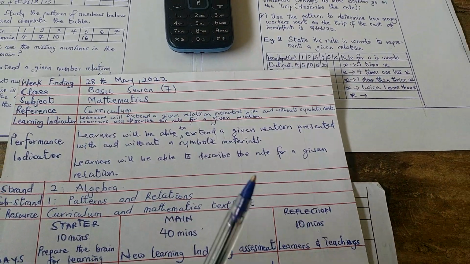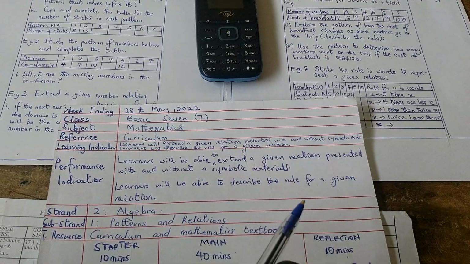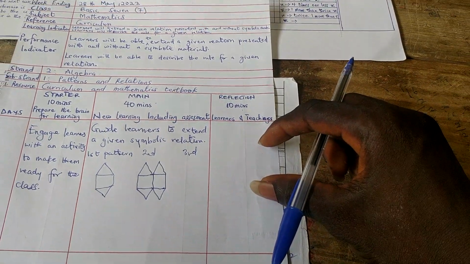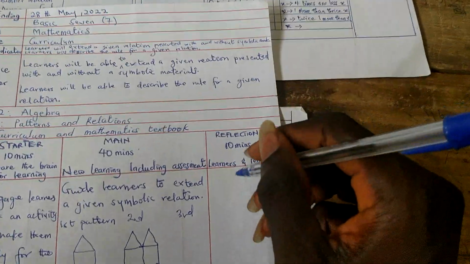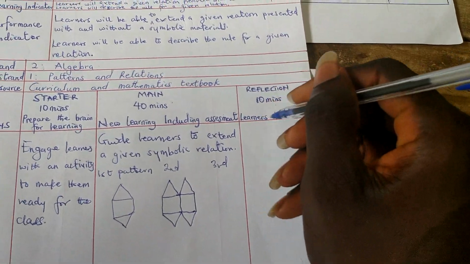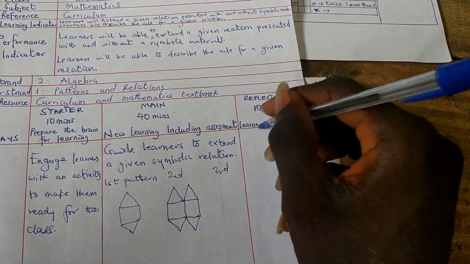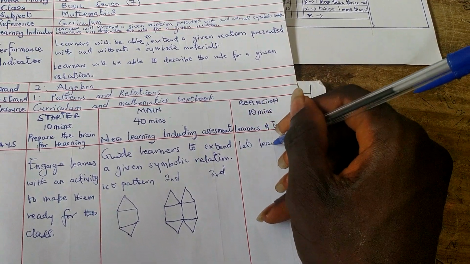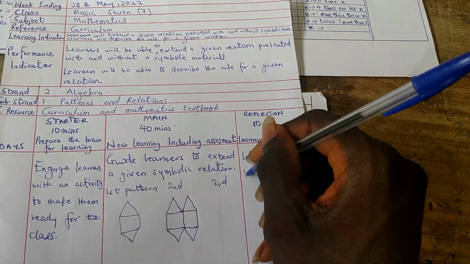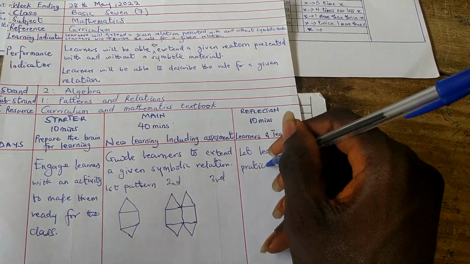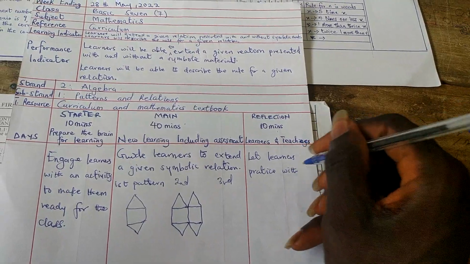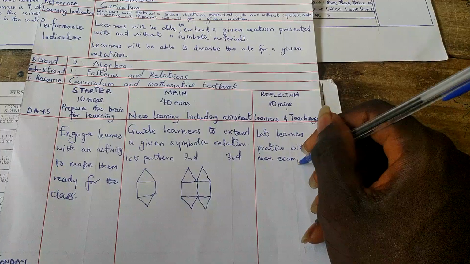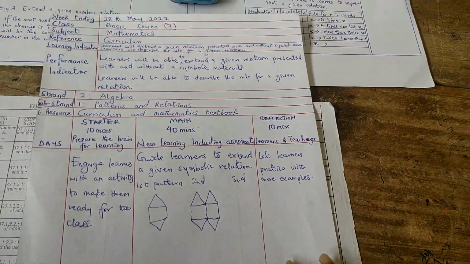So now that I know what I'm going to teach on Monday, I have another 10 minutes, which is the reflection. With the reflection, you can write, let learners practice with more examples.